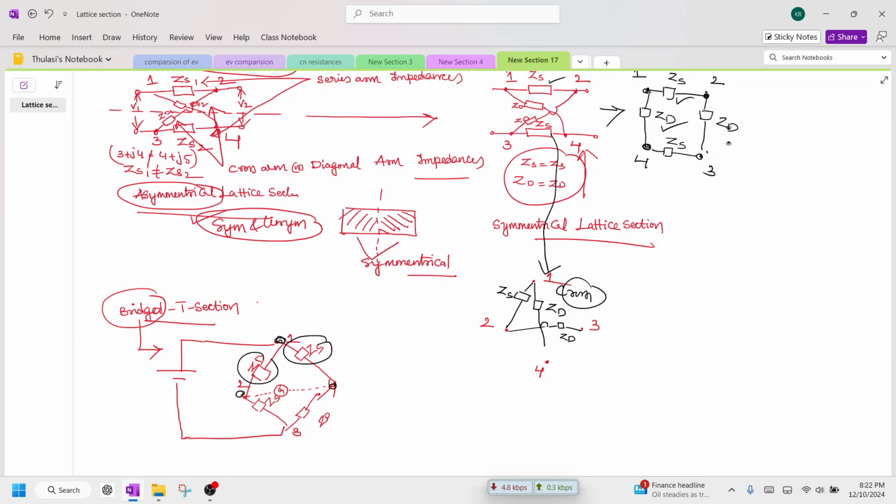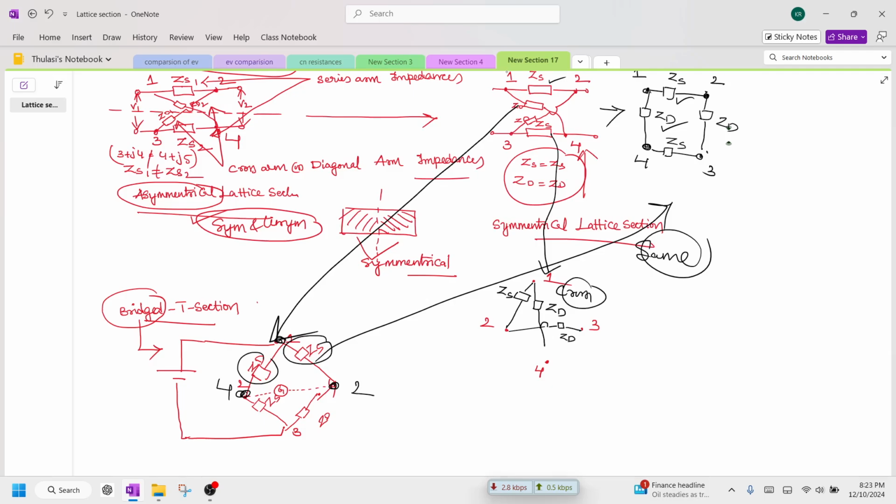If you shuffle this 4 as 2 and this 2 as 4, both are the same. That's how we get this network from that network. Just a change of node, there's no problem. Between 1 and 2 we have ZS, between 1 and 4 we have ZD, and then automatically the nodes can be changed as 1, 2, 4, 3.